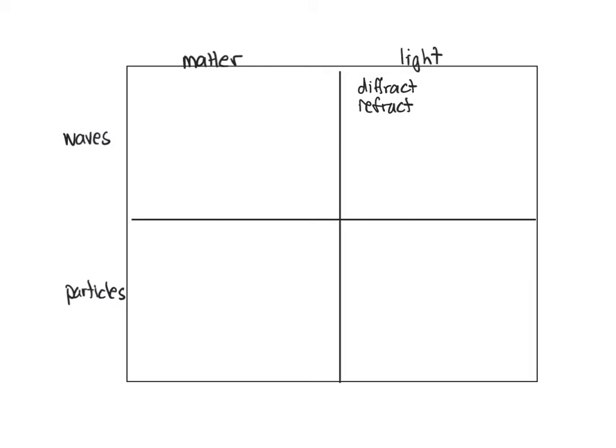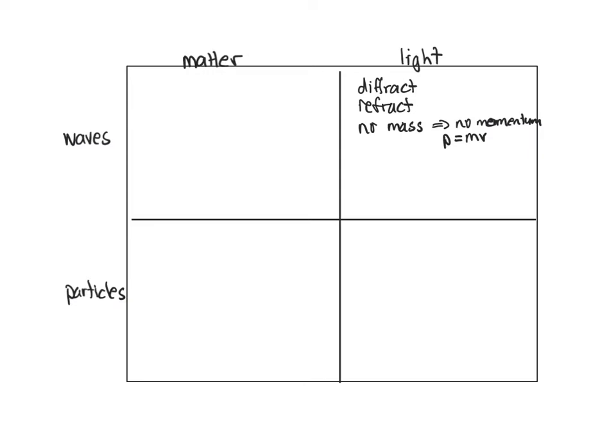It doesn't have a mass, and because there's no mass associated with light, we think of it as having no momentum. Remember that momentum is often given the symbol p and is mass times velocity. So if there's no mass, there can be no momentum associated with the light.